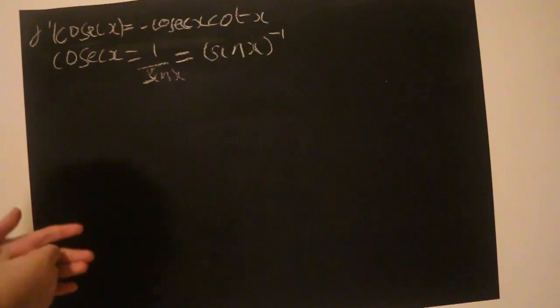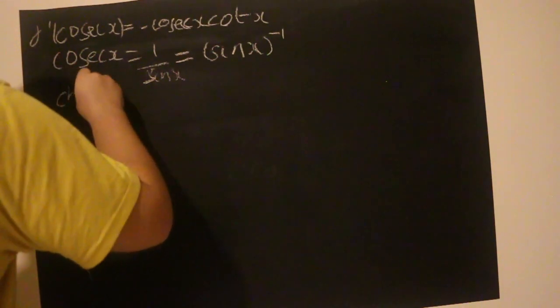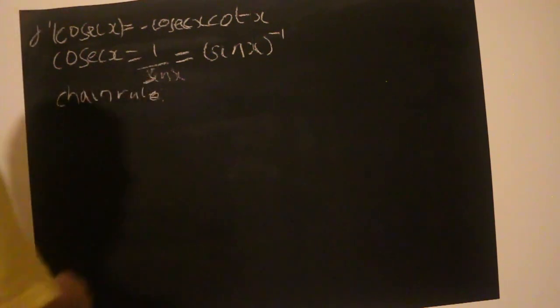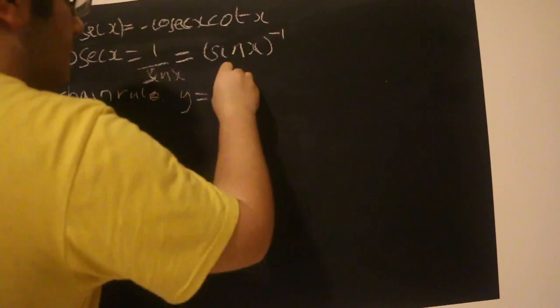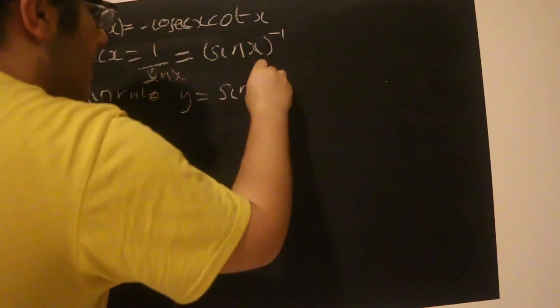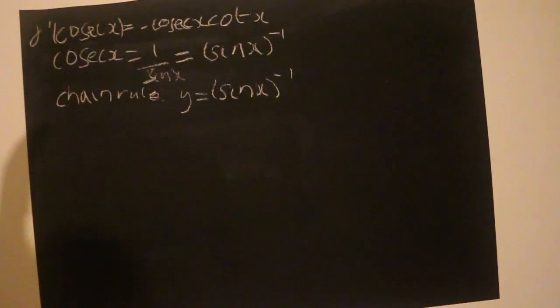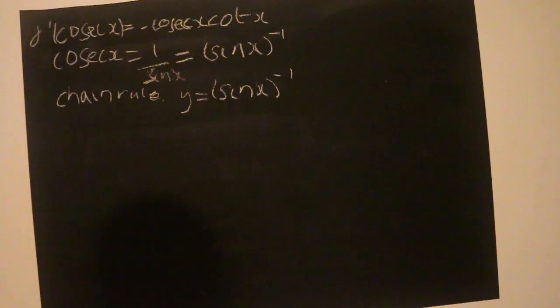So now this is where the differentiation starts. We're going to use the chain rule. So y is equal to sine x to the power minus 1. If you're unfamiliar with the chain rule, I would advise you to look up some tutorials online, because this part assumes that you are already familiar with the chain rule.